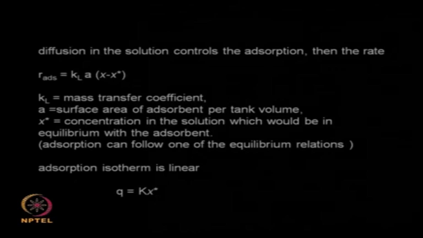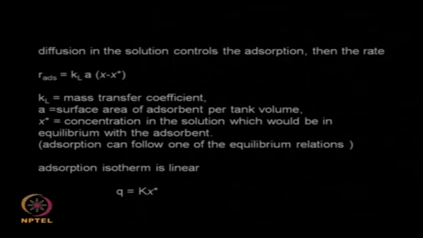That is, x minus x star is the driving force. KL is called the mass transfer coefficient, A is the interfacial area between the liquid and the solid. So if A is very large, your rate of adsorption is also going to be very large. If A is very small, then the rate of adsorption will be small. Similarly, if the driving force x minus x star is large, the rate of adsorption will be very large.